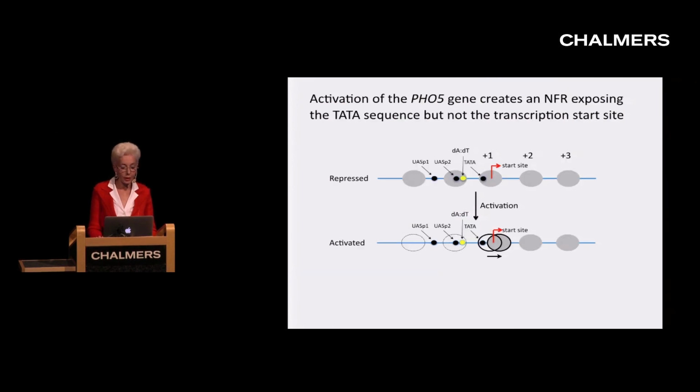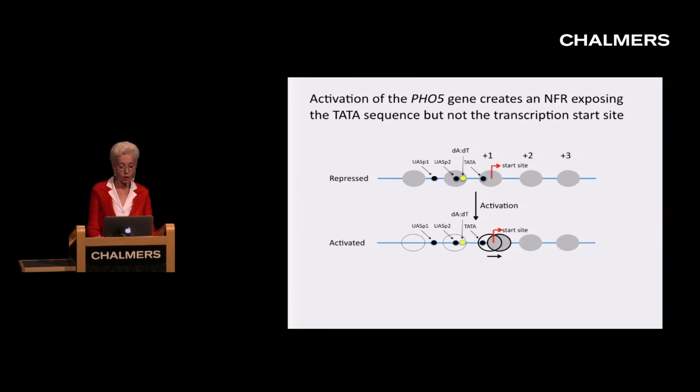The creation of an NFR is only part of the relief of the repression by the nucleosome. Regulatory and TATA sequences are exposed in the NFR, but not the transcription start site. This point is nicely illustrated by the case of the PHO5 gene I just described.